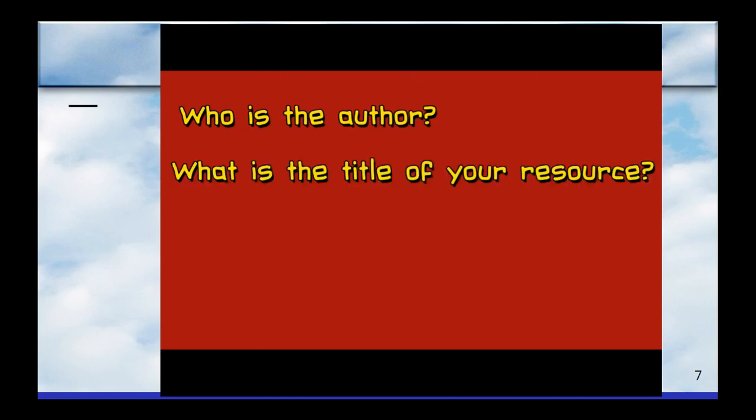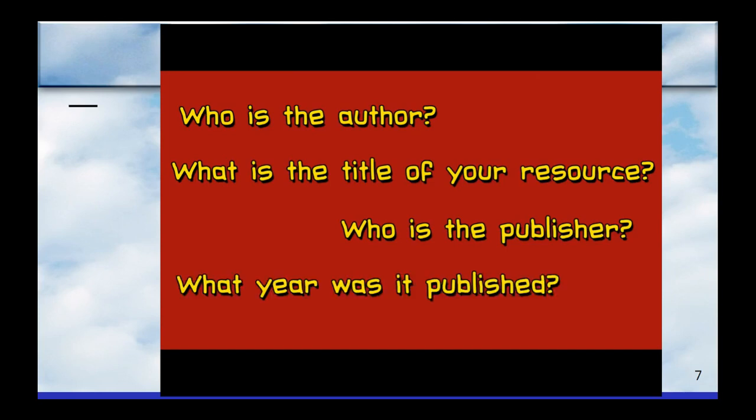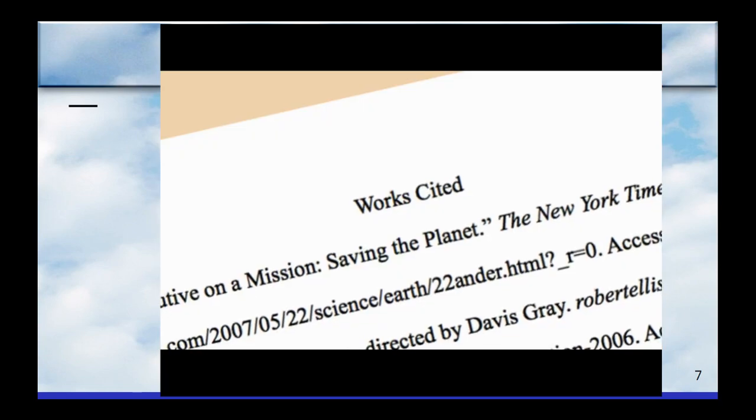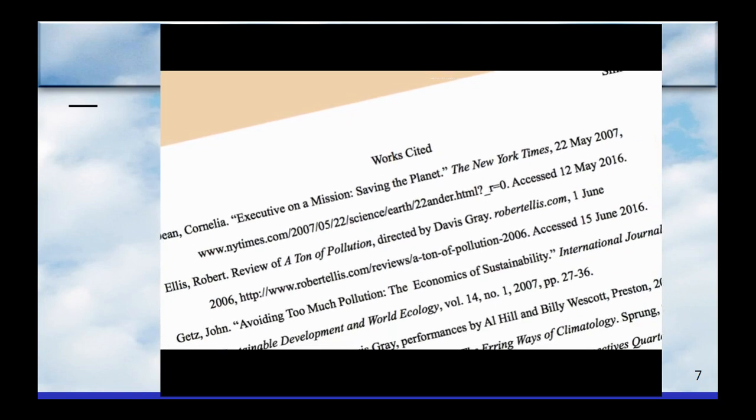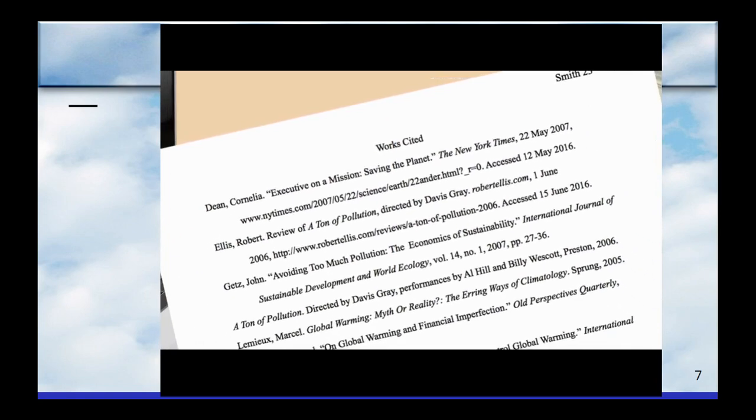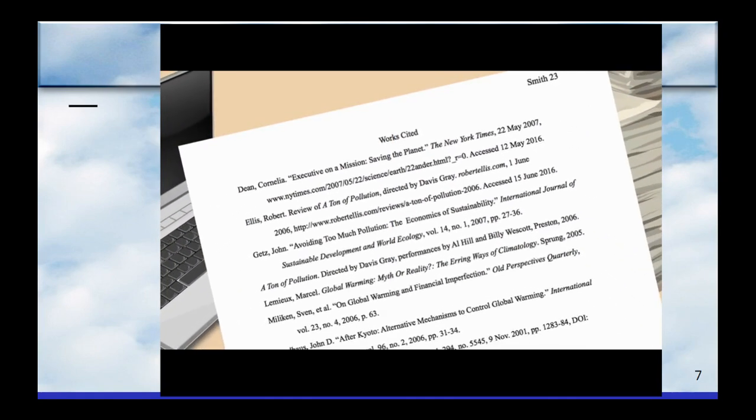For example, ask yourself, who is the author? What is the title of your resource? Who was the publisher? What year was it published? Now that those questions are out of the way, we'll take a look at a sample works cited page. You're going to notice right away that it looks a lot different than the other pages in your report.